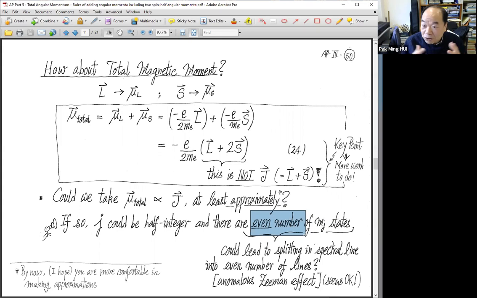Something that we mentioned previously, that the normal Zeeman effect, one line into three lines, is not usually observed. Instead, more often than not, one spectral line splits into 4, even 2, 4, even 6, even 10. Now we have a way to get at that, provided that we could make some approximation here that the total magnetic dipole moment is antiparallel to J, although formally it is not.